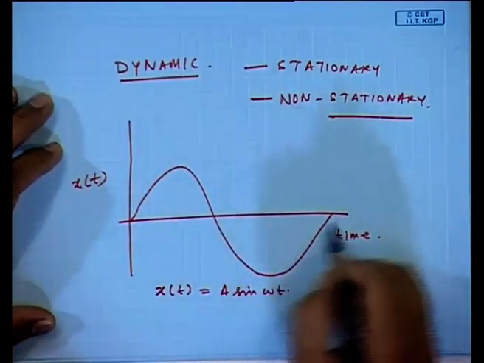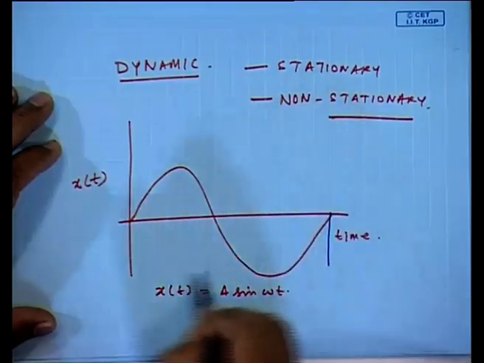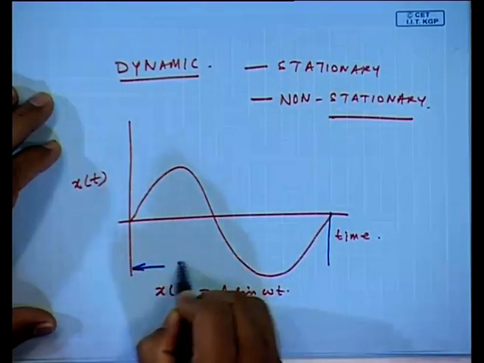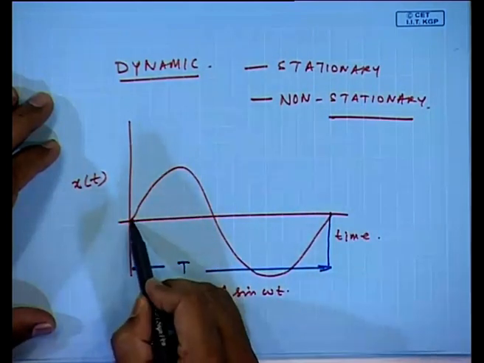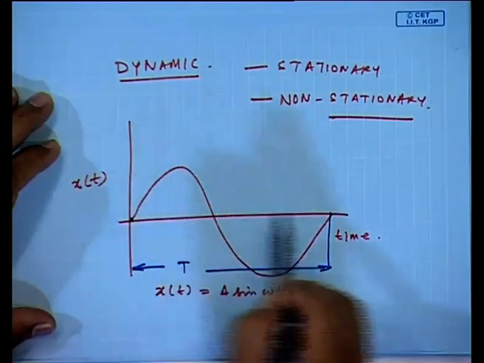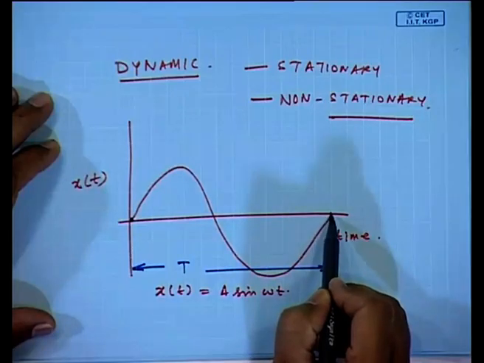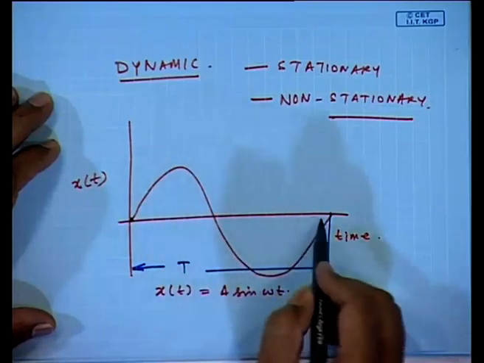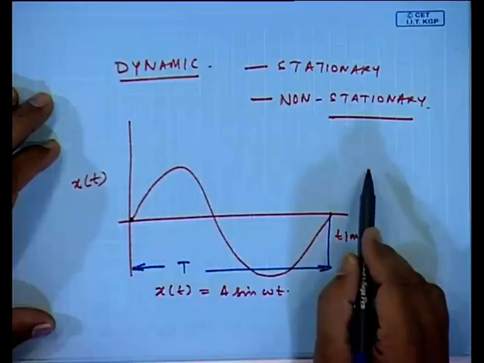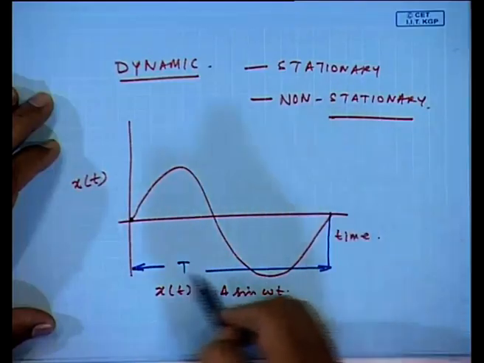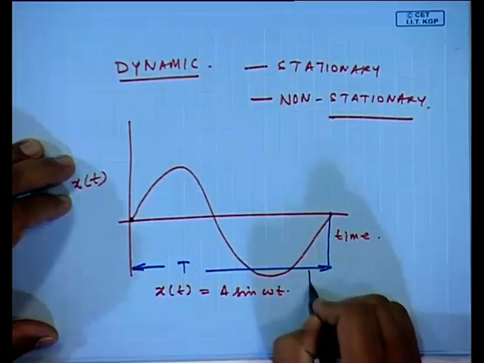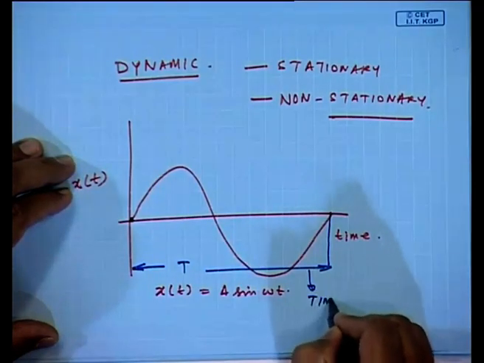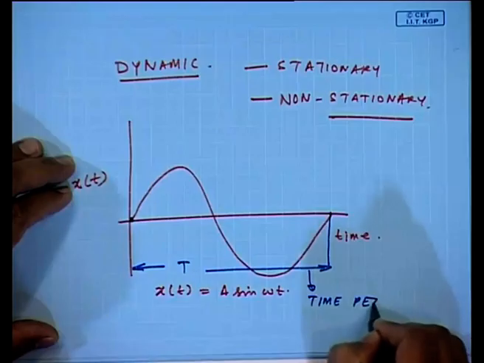For example, in the time domain, this is the time period of the signal, either from this position to the subsequent peak or crest to crest, and I can take this as the time period of the signal.